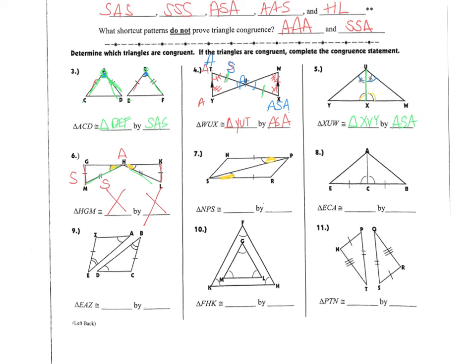If we look at number 7, you could see that we have an angle to an angle, and then we have a side to a side, and then if we use the reflexive property, there we have an angle in between the two of them, and so this is going to be our side, angle, side, and so therefore triangle NPS would be congruent to triangle RSP.